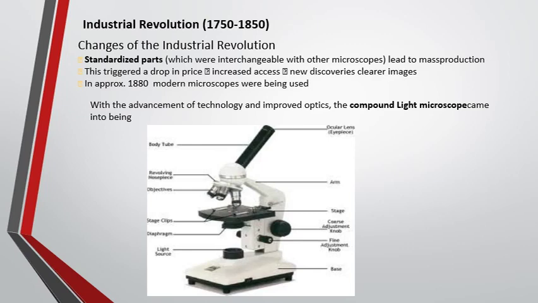In addition to this, in the late 1880s, a scientist named Ernst Abbe discovered oil immersion lenses, which prevented light distortion at the highest magnification powers.